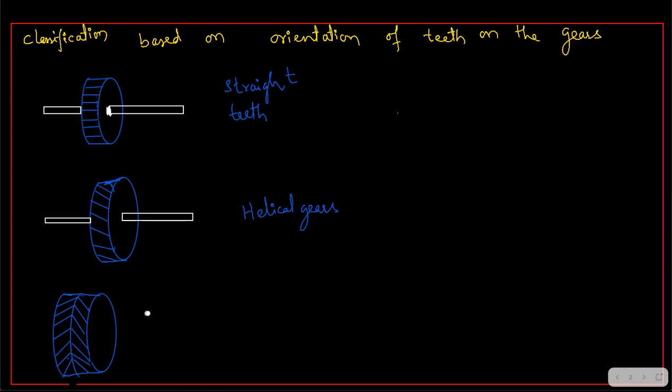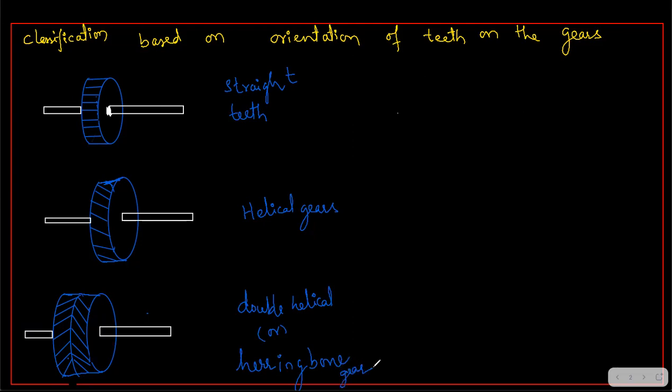Fine. And you have even the shaft axis, right? So this is the shaft axis. Double helical or herringbone gear.